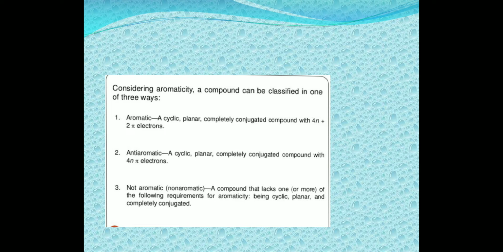In this slide, I am comparing the differences between aromatic, anti-aromatic, and non-aromatic compounds. An aromatic compound must be cyclic, planar, conjugated, having 4n plus 2 pi electrons. In the case of anti-aromatic compounds, it is cyclic, planar, completely conjugated, having only 4n pi electrons.